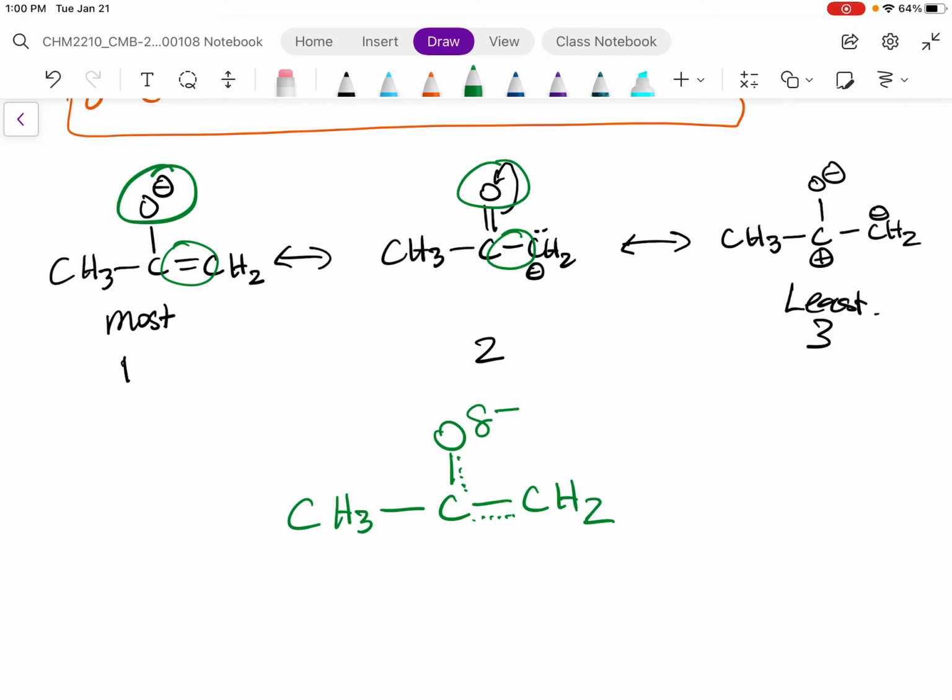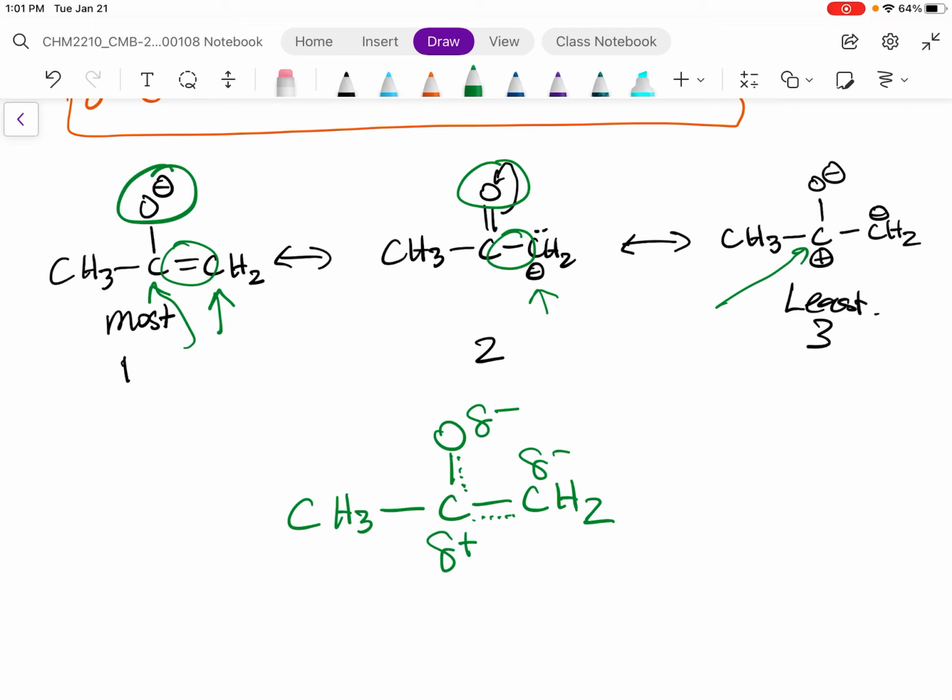It's partially negative. And then we say, hey, what about this carbon? That's neutral, but it's negative there. So we are going to do a partial negative there. This carbon is neutral, but that carbon there is partially positive. So we do partially positive like that.